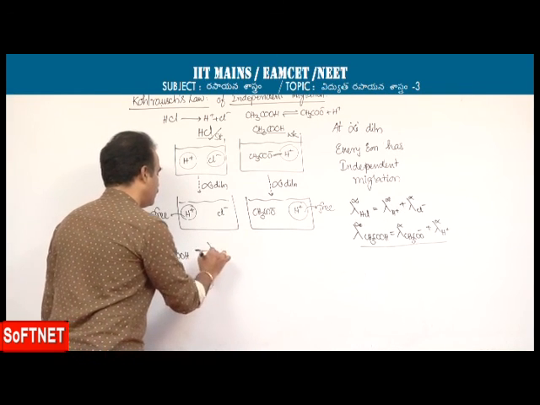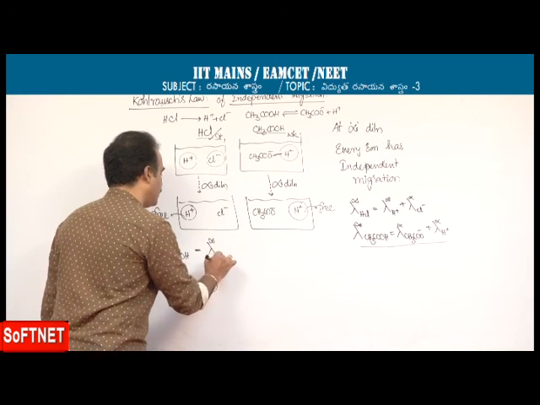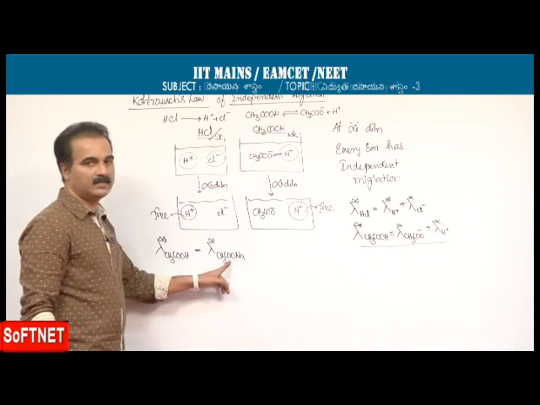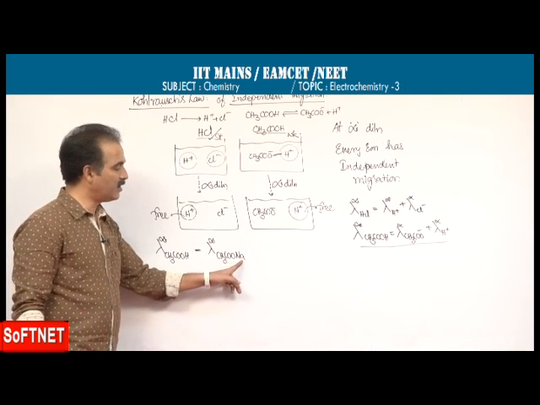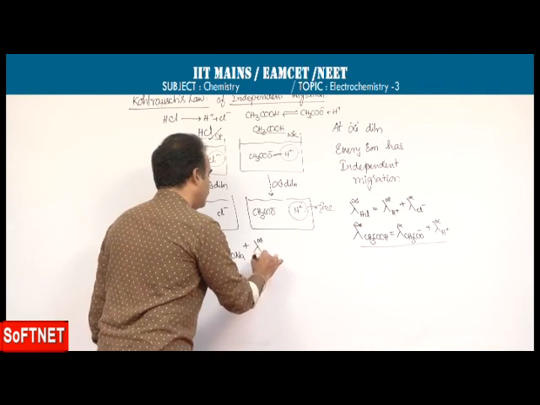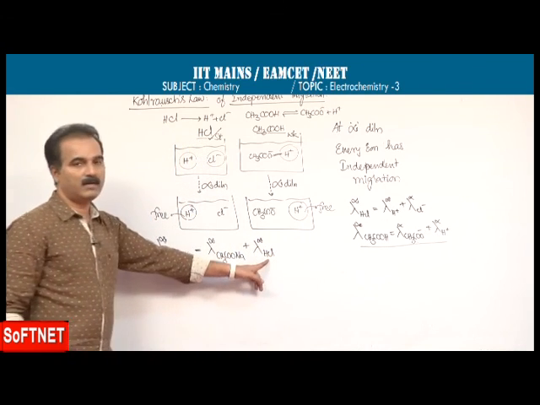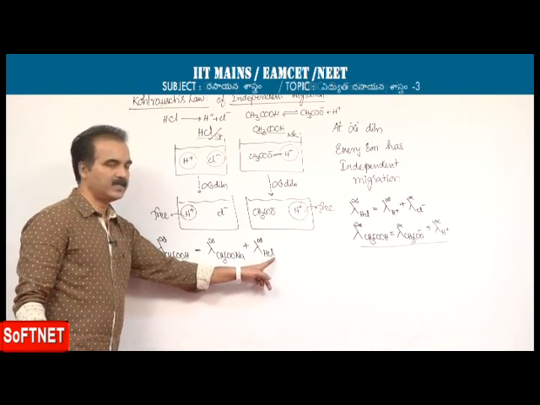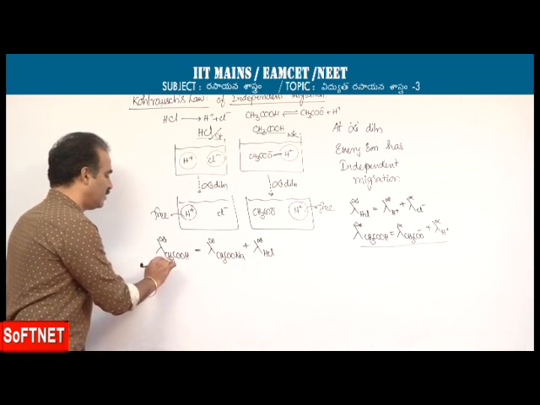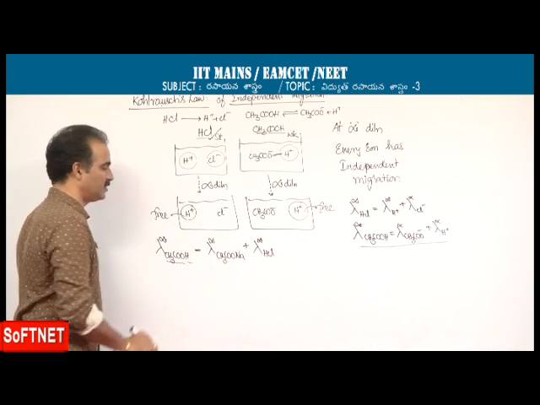It is lambda infinity of CH3COONa, which is a strong electrolyte, a combination of acetate ion and sodium ion, plus lambda infinity of HCl, which is a strong electrolyte, a combination of H plus and Cl minus.